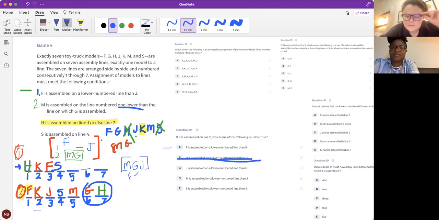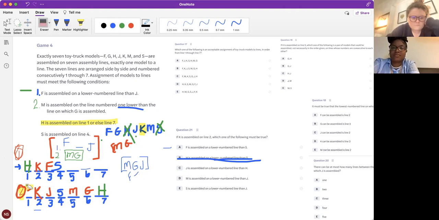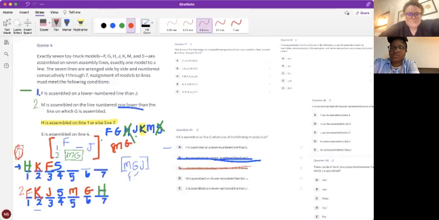How would you go about handling C? It's not true. It's true in the second scenario, but not the first. Excellent. D? It's not true.